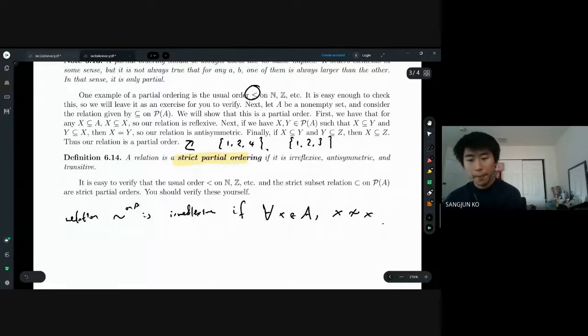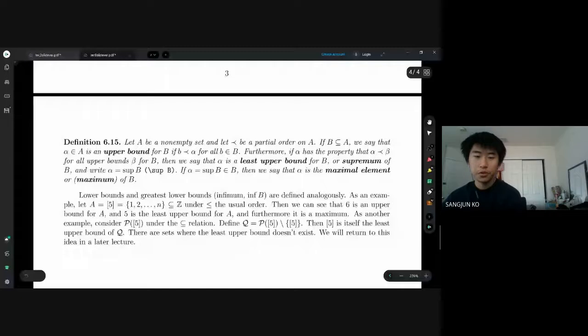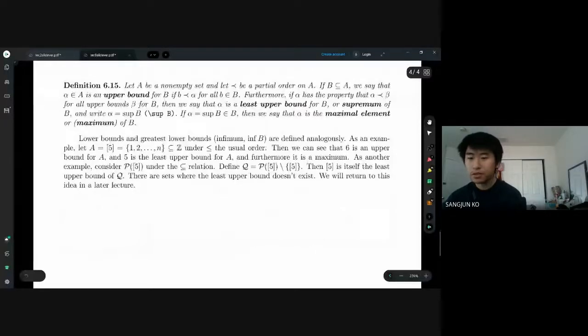Okay. So the next thing, now we're going to talk about upper bounds. Let A be a non-empty set, and let this be a partial order on A. This symbol is denoted prec, for preceding.